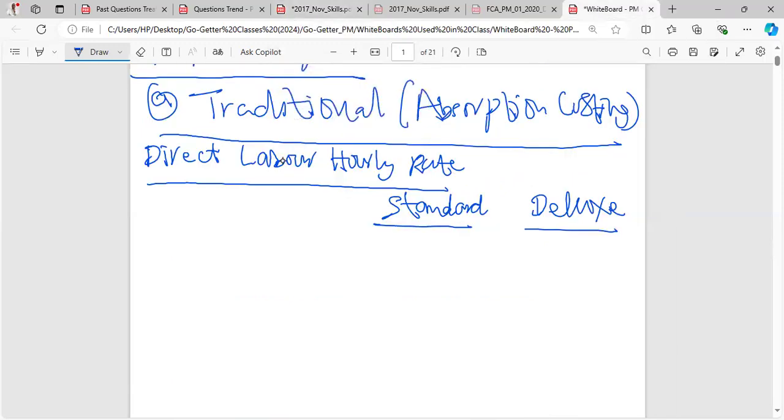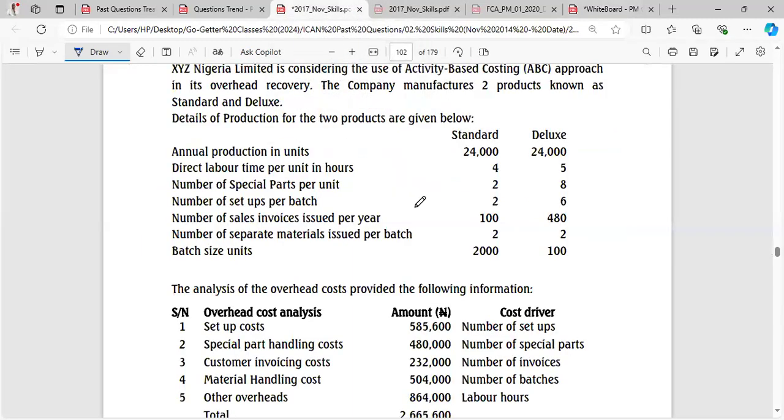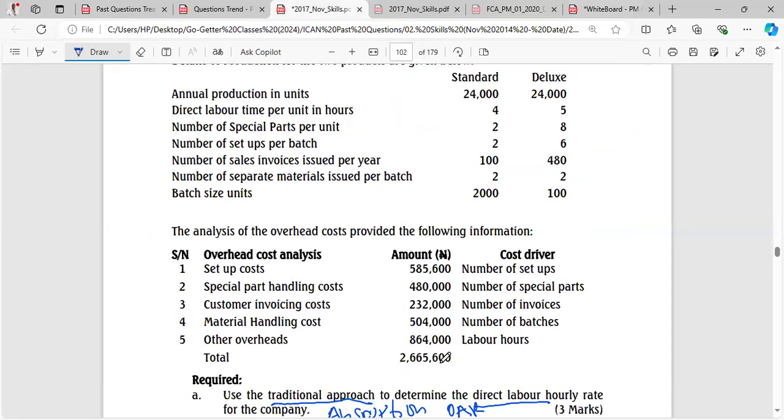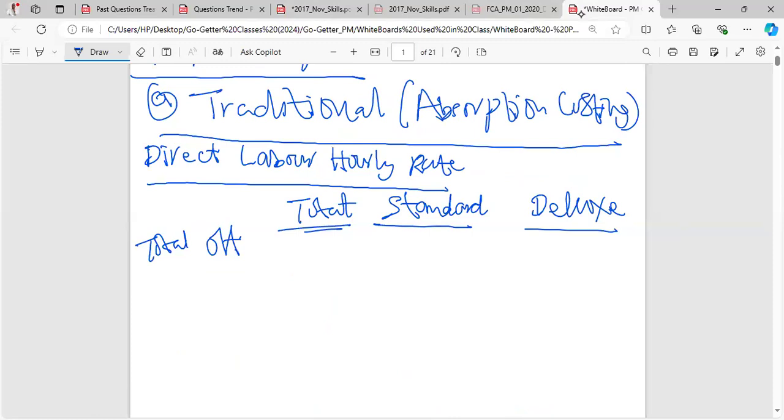I will put something here called total overhead. Total overhead happens to be 2,665,600.